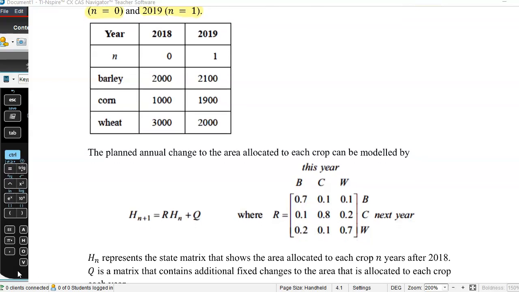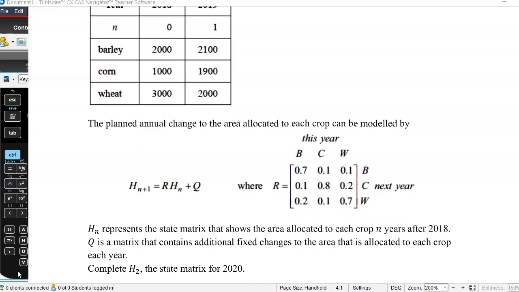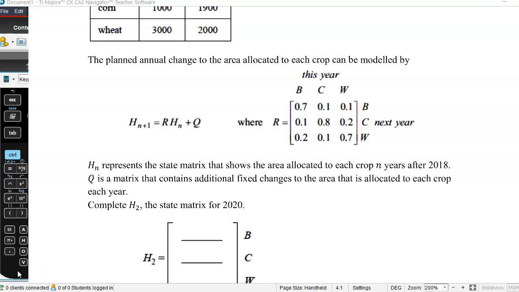So the planned annual change to the area allocated to each crop can be modelled by our recursion relation there and our transition matrix there. H_n represents the state matrix that shows the area allocated to each crop n years after 2018. Q is a matrix that contains additional fixed changes to the area that is allocated to each crop each year.